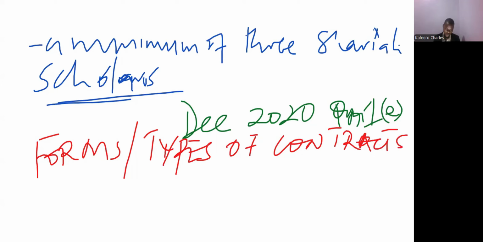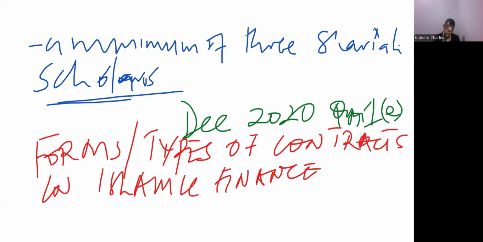They are contracts, but we also have some contracts in Islamic finance. They may call them Islamic contracts, or sometimes they may call them Islamic financing structures.